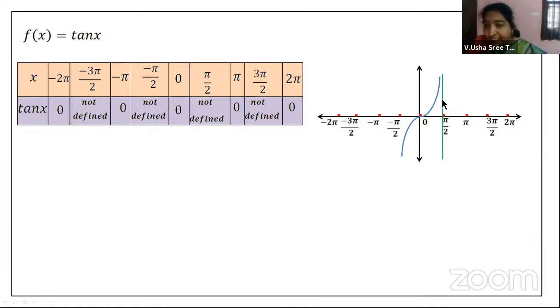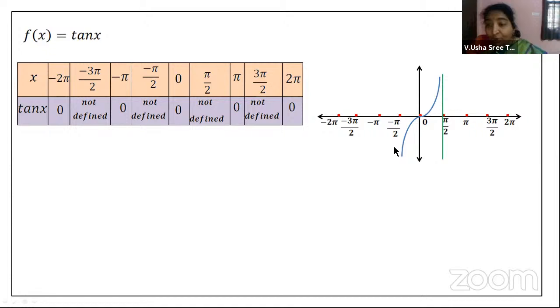At 90, you are getting an undefined value, that is an infinite value. Infinity is not known to us. So we are just demarcating with a line so that the graph is not touching this line. Now, if it is touching this line, what does it mean? It is taking that particular value. But no value we are marking at 90 because we don't know what exactly is infinity.